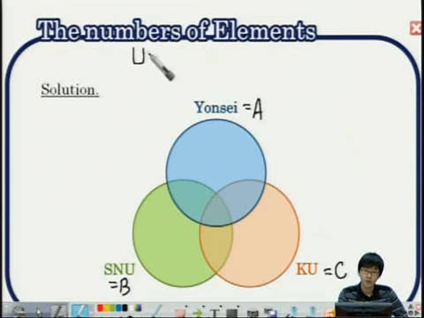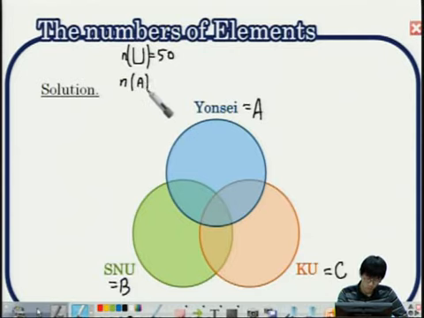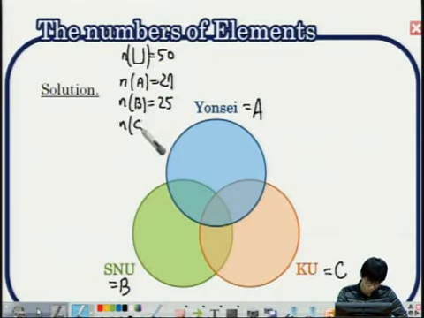The total students was 50, and the number of students who applied for Yonsei was 27, and for SNU was 25, and for KU was 19.